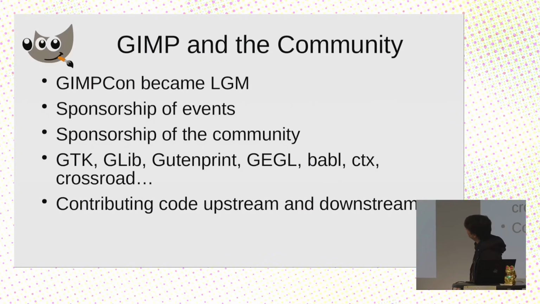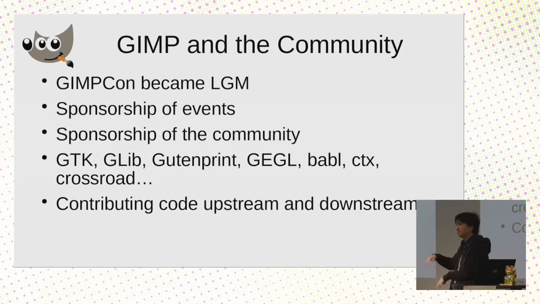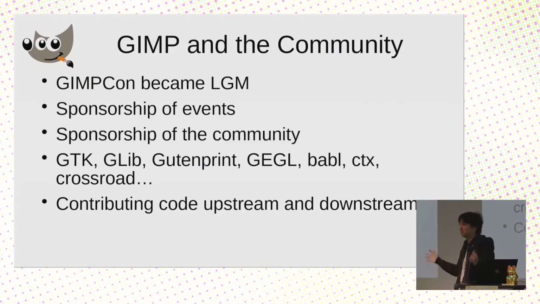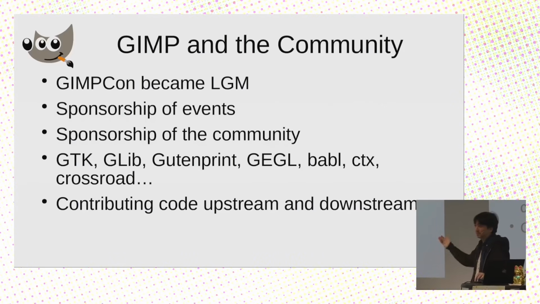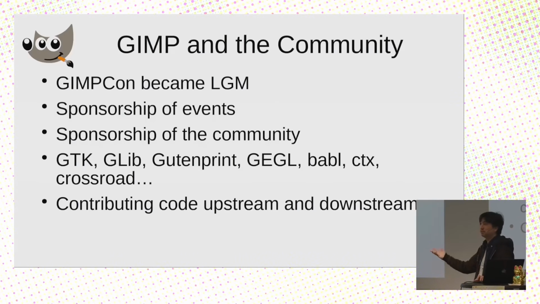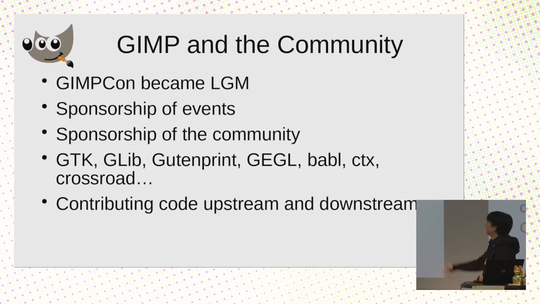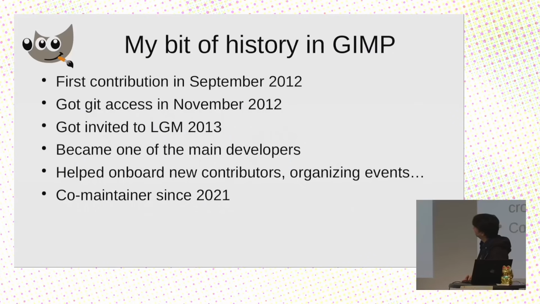Even Gutenprint, which I think was used after that by Apple, Mac OS X, for the whole printing infrastructure, came from GIMP originally. GIMP Print, apparently it was called. And of course, Gegl, Babl, and everything.